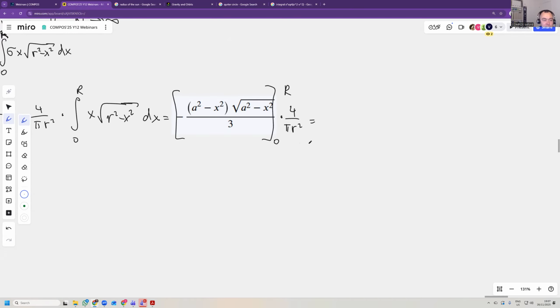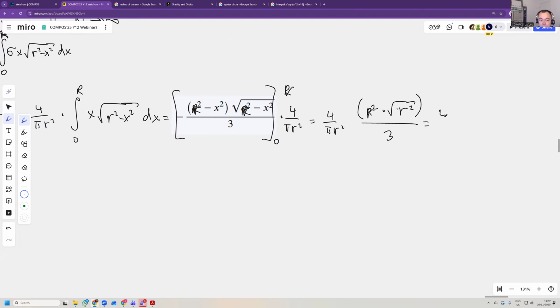If you substitute 0, that's just 4 divided by pi r squared multiplied by r squared... sorry, r cubed over 3.